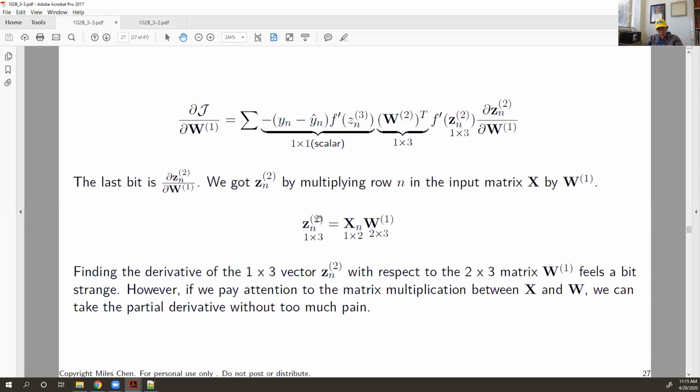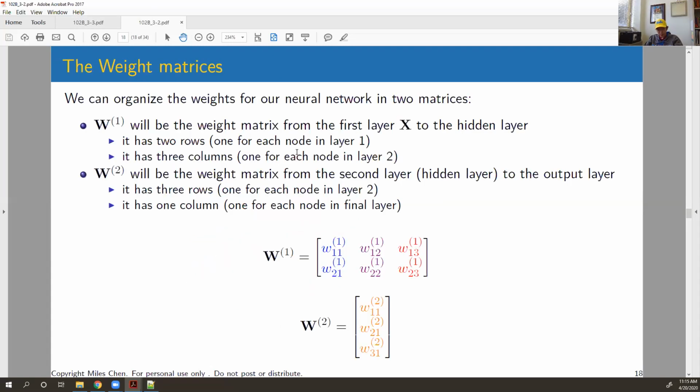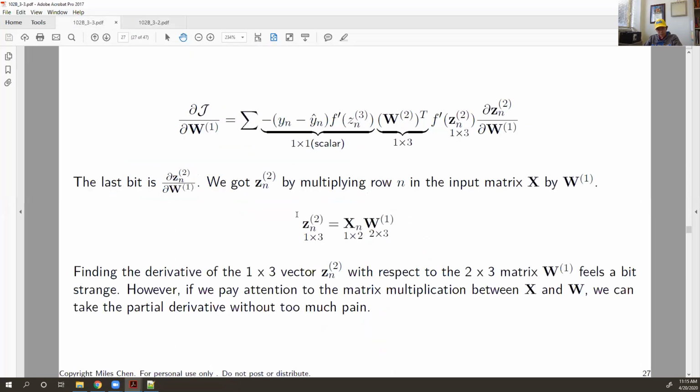How does that one row of 3 Z values change with respect to all 6 of these weights? We've got a matrix of 6 weights, a 2 by 3 matrix here, and we're asking how the Z elements change with respect to that 2 by 3 matrix. It feels weird.